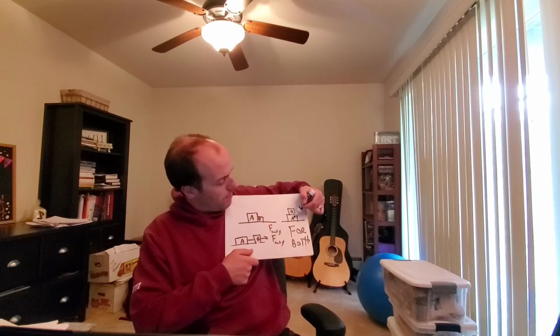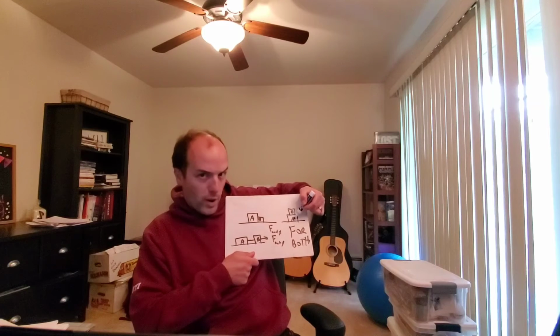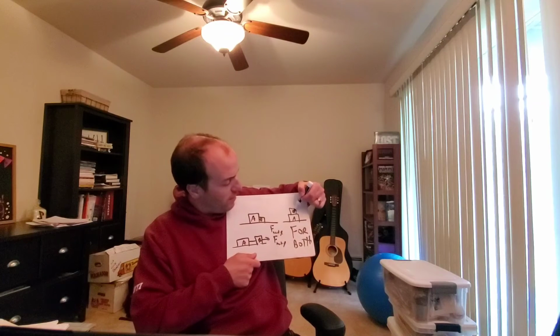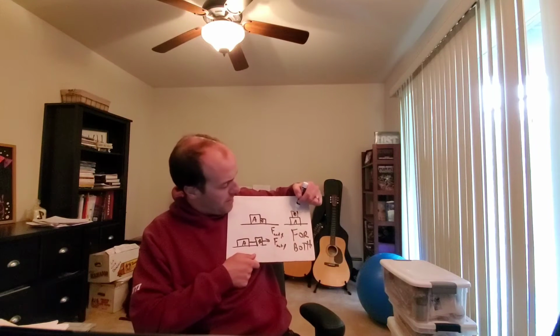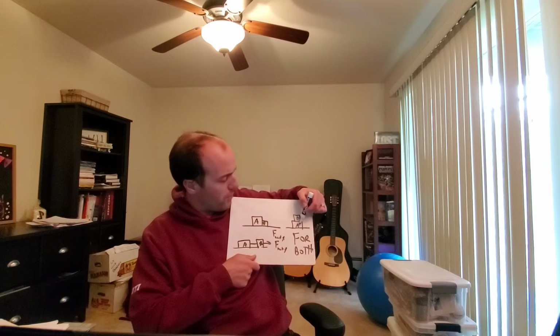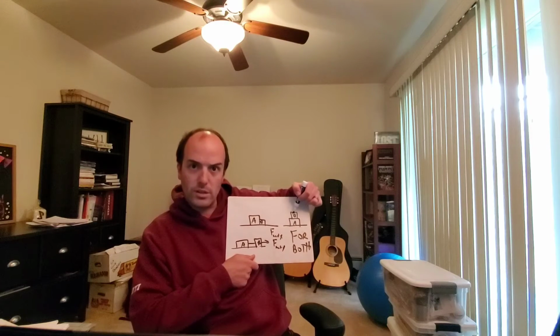Take block A. It's got a force of its own weight down. It's also got the force of weight of block B on it down, as well as a normal force from the surface up. But block B has just its own weight acting down, and the normal force between block A and block B acting up. So block A will have 3 forces, block B will have 2 forces, right?